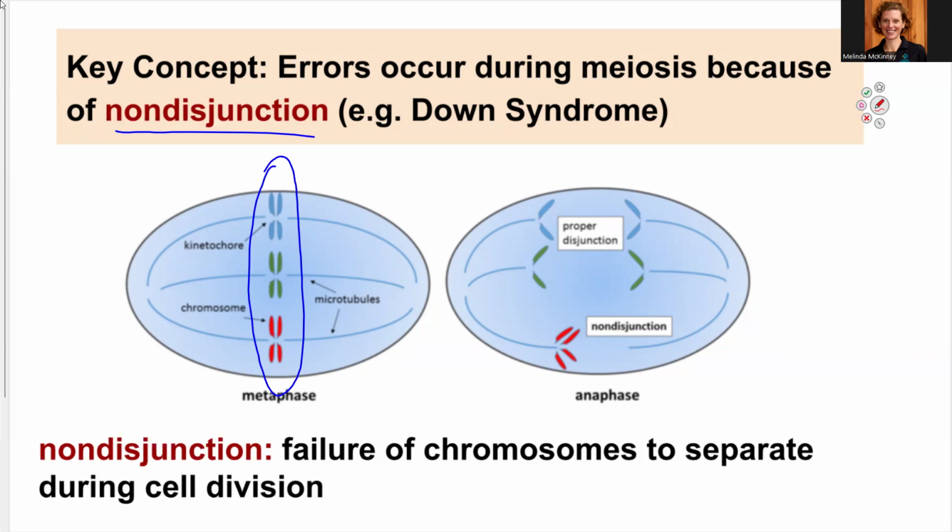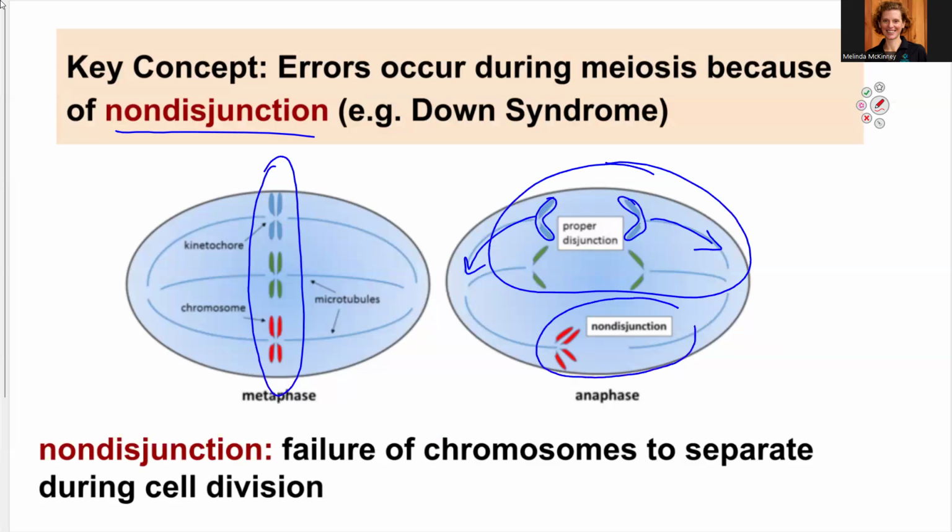What you'd expect to see, over here on the top, is each sister chromatid heading to the opposite pole prior to cytokinesis. In non-disjunction, they don't split equally. In this case, you can see that the entire chromosome, still copied, is going to one side, and then you have nothing going to the other side.